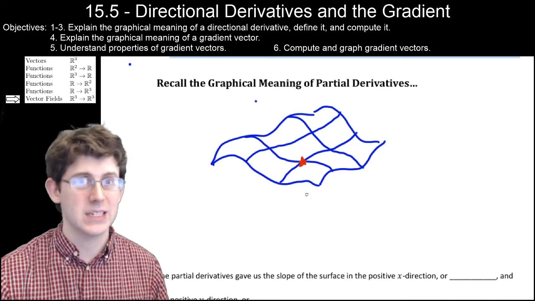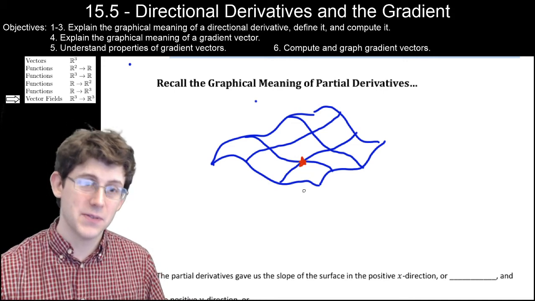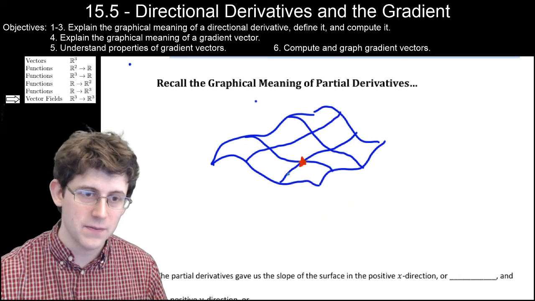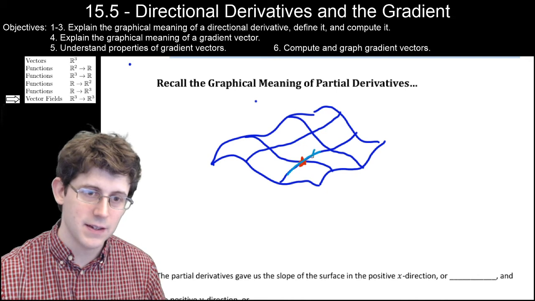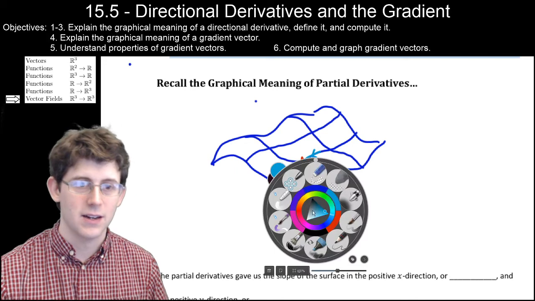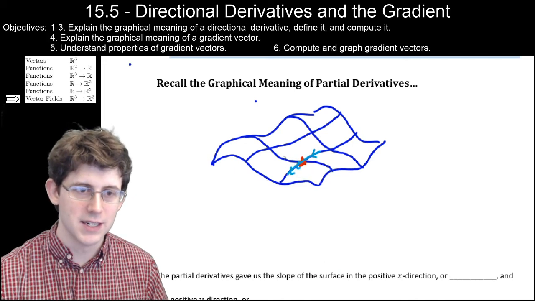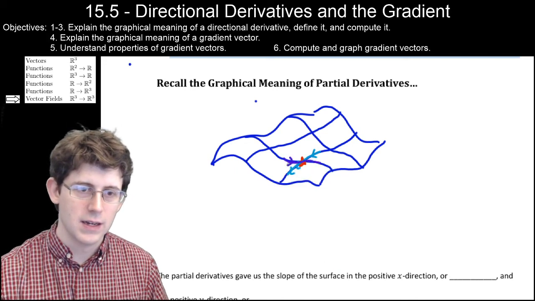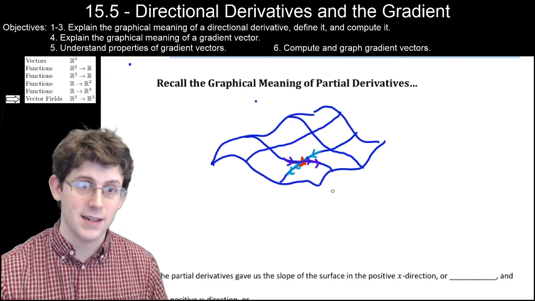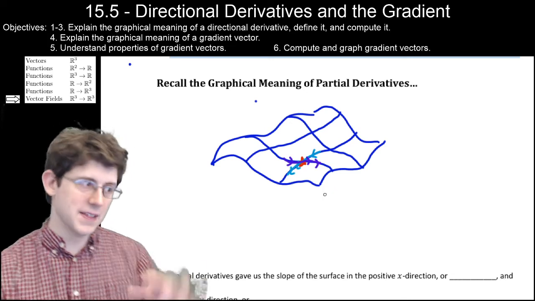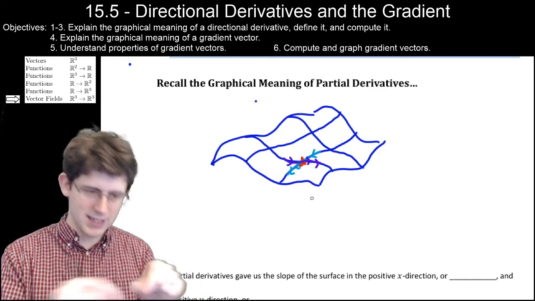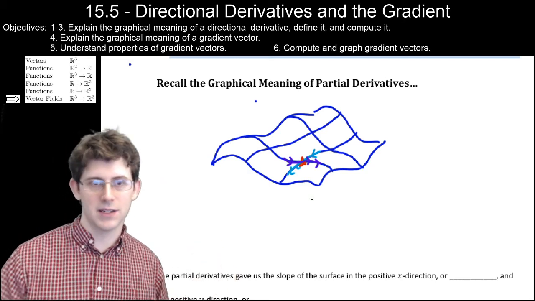And when I ask what's the slope at that point, the only thing you can really answer is, well, what do you mean? You could come at that point in the x direction and find the slope when you're moving in the x direction, or you could come at the point from the y direction. And you usually get different slopes depending on those different perspectives. If you're on the side of a hill, one way is up, it's very sloped, and the other direction is flat. You'll stay at the same height no matter which direction you go.